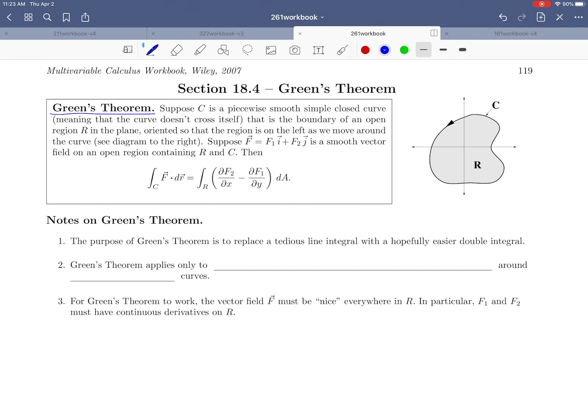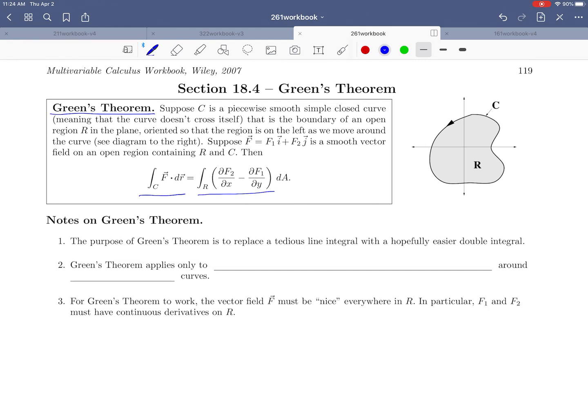And suppose that the vector field F equals F1 i plus F2 j is a smooth vector field on an open region containing R and C. If all of those conditions are met, then the line integral over C of F dot dr is equal to the double integral over the region R of partial F2 partial x minus partial F1 partial y dA.